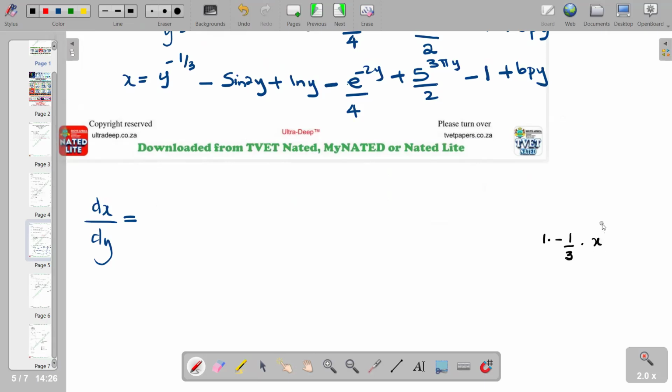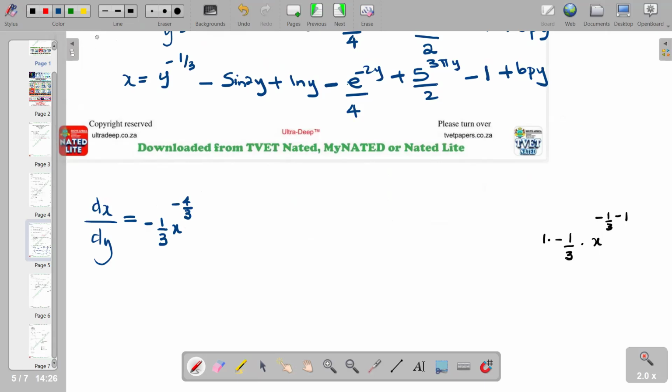Then we have y to the power negative 1 over 3 minus 1. This simplifies to minus 1 over 3 y to the power negative 4 over 3. Then we are done with that one.